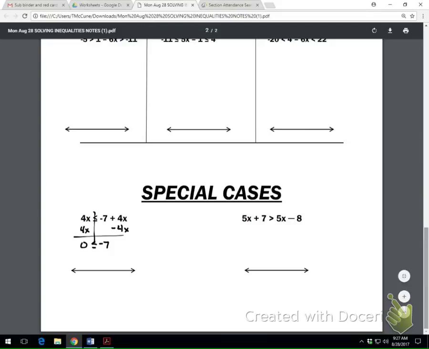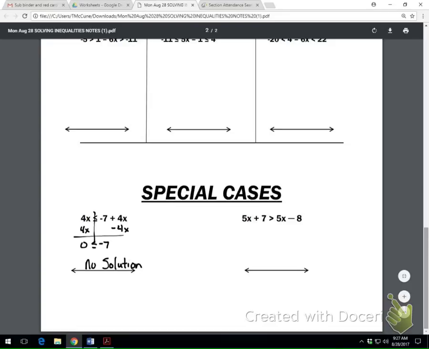So if you don't see a letter or anything like that, you either have no solution or infinite solutions.